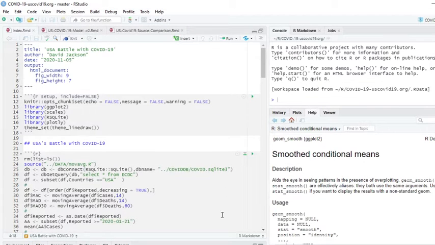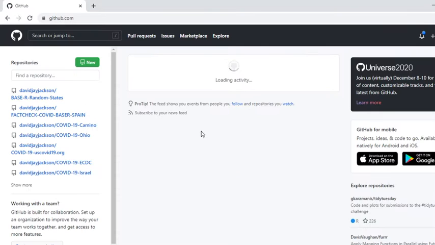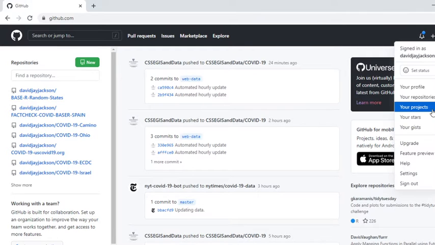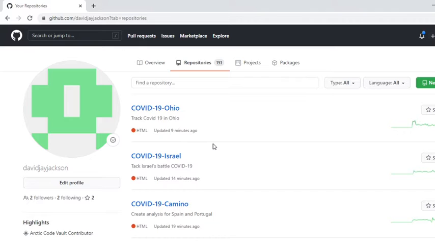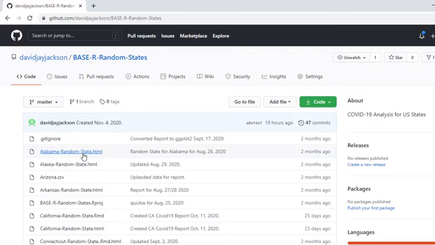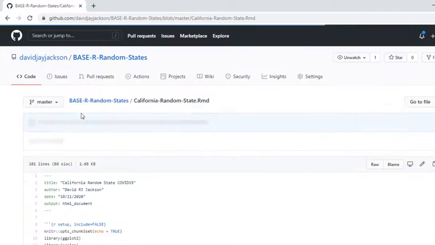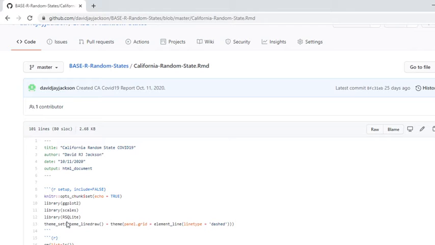I'm actually going to do one more thing here. I'm going to make a change to the plot. Just a little change. There we go.